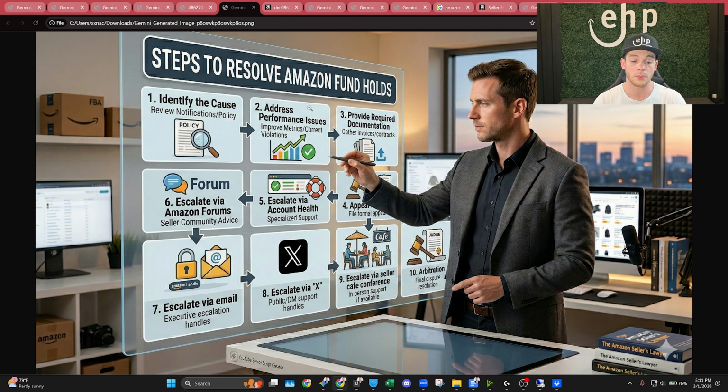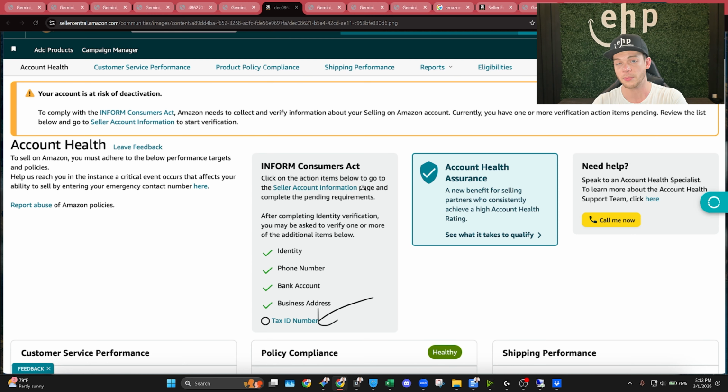Number four, you're going to file an appeal. Number five, if it's still not working, you can escalate it by calling Amazon. Number six, you can escalate it via Amazon forms, and it goes all the way up to arbitration. Maybe it's something different, like the INFORM Consumers Act, which is a super big pain, but this is pretty much the steps you could have for a suspension.